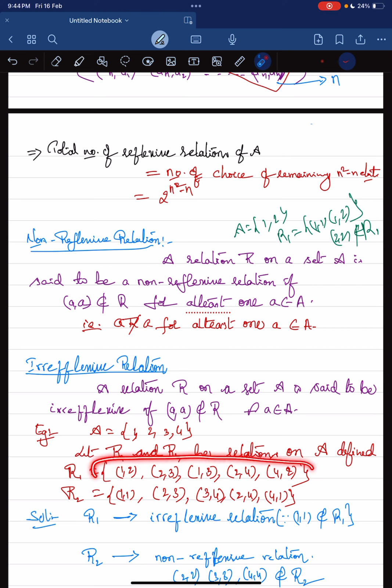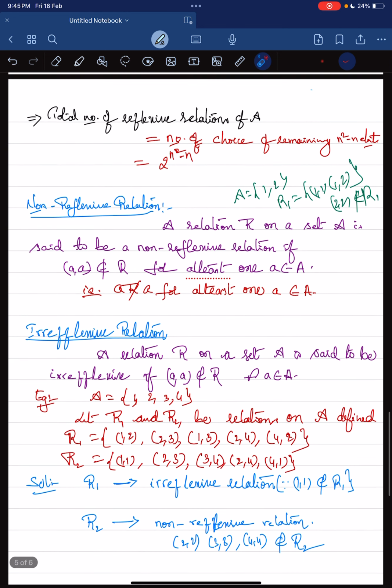In this relation there are no identical elements like (a, a) belonging to R1. So that is why we can say R1 is an irreflexive relation. There are no identical ordered pairs.